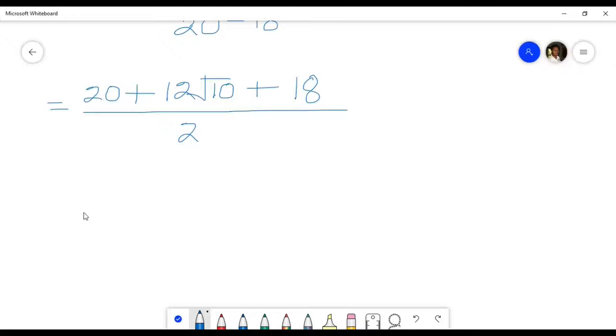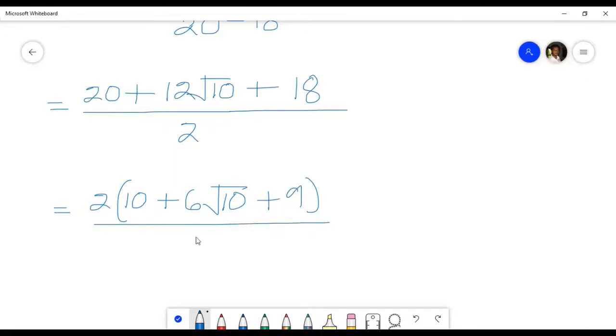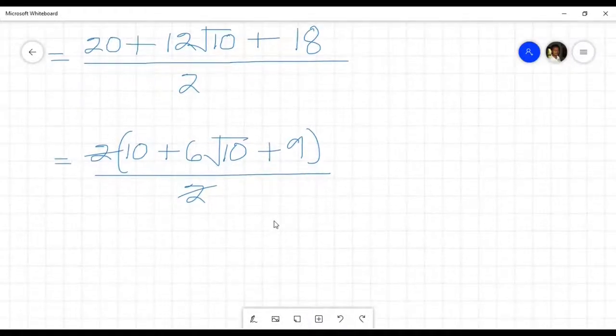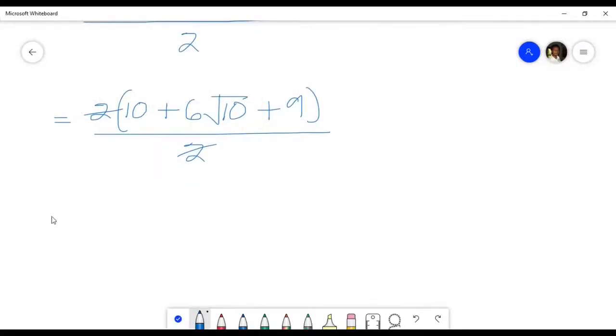Okay, so we'll just write it, separating it with brackets. 2 10s are 20 plus 2 6s are 12 radical 10 plus 2 9s are 18, right? I hope it's understood. Divided by 2. So both the 2s will get cancelled. 2 1s are 2. We are left with the expression 10 plus 6 root 10 plus 9.